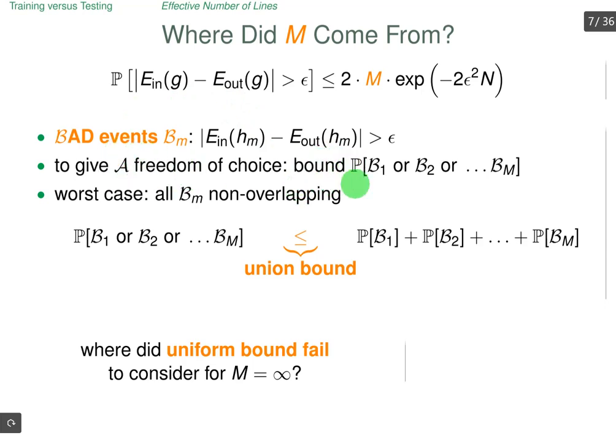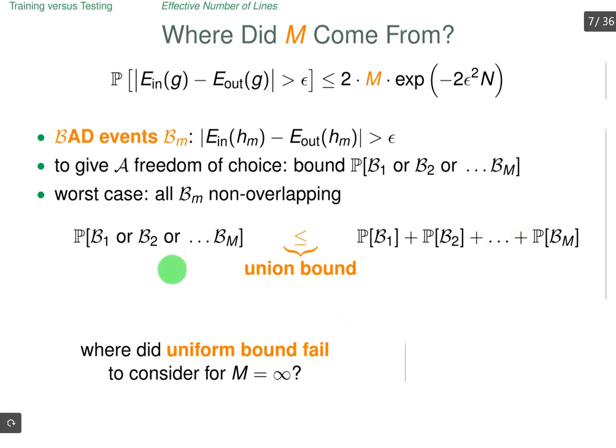So we considered the probability of bad event 1, bad event 2, up to bad event m for m hypotheses. And we also considered the worst case scenario where all bad events are non-overlapping. Therefore, we just applied the union bound. So the probability of B1 or B2 or up to Bm is upper bounded by the worst case, the sum of the probabilities of each event B1, B2, up to Bm. This is the union bound.